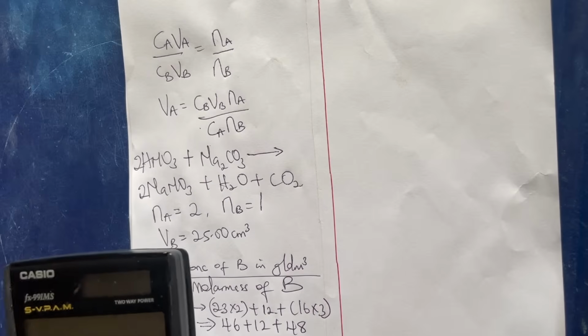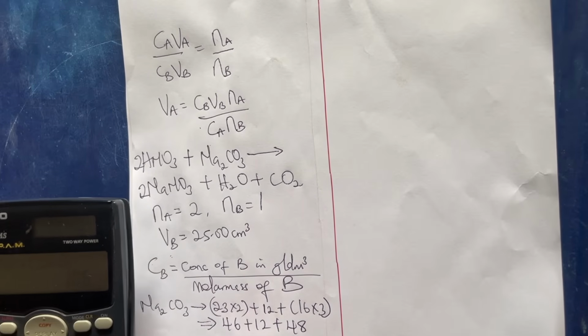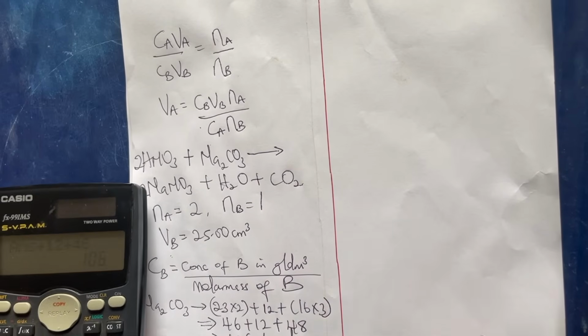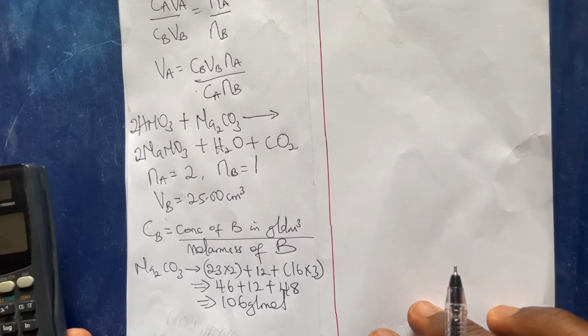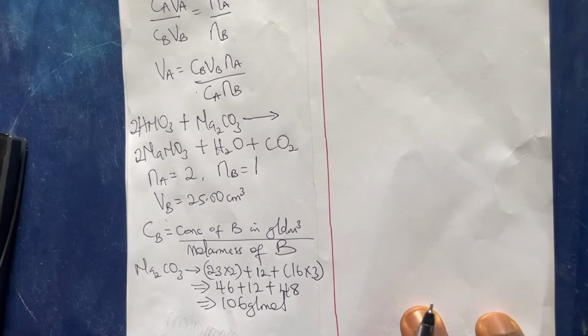So adding everything together plus 46, that will be 106 gram per mole. So I've gotten the molar mass.